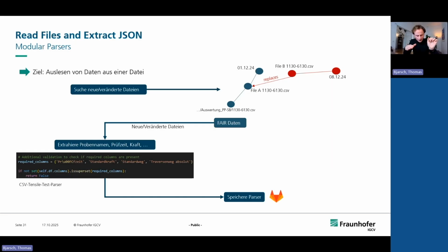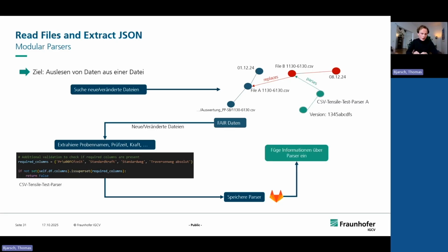In general, every parser script is versioned using GitLab. So there you can find what this parser does. And if a parser parsed a specific file, this information is also added to the triple store, so that this parser parsed this red file here, file B, and also the version of this parser.